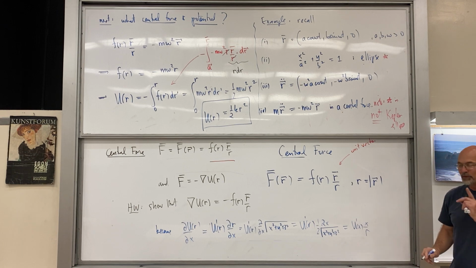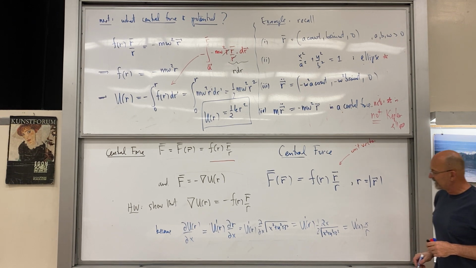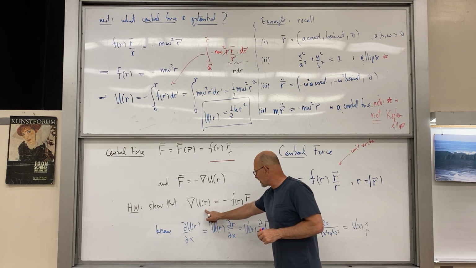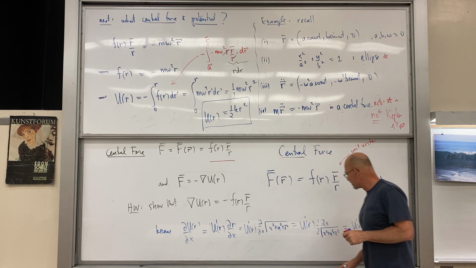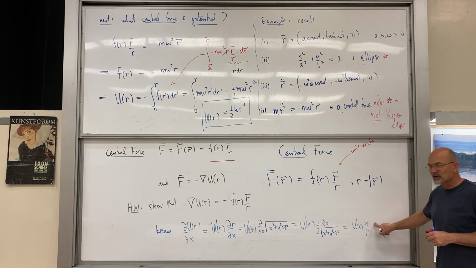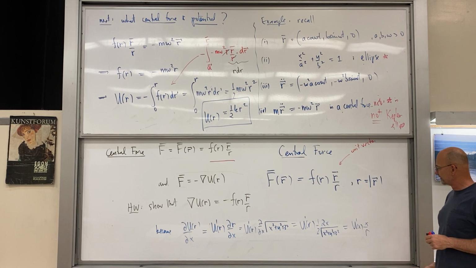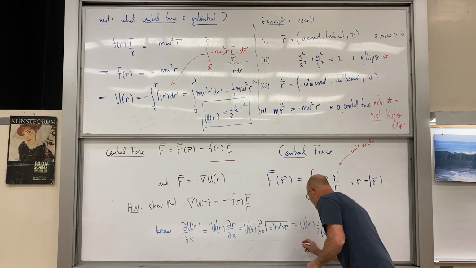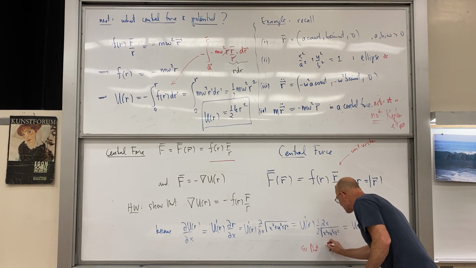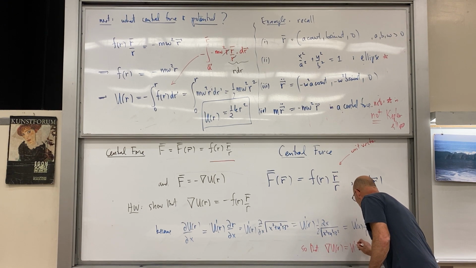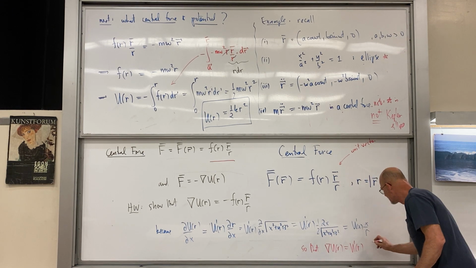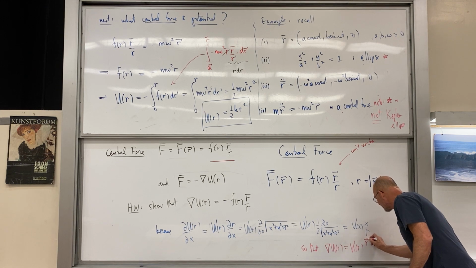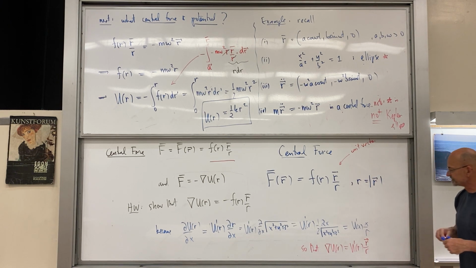So if I do all three of them, the gradient of U of R is U prime of R times vector r over r.